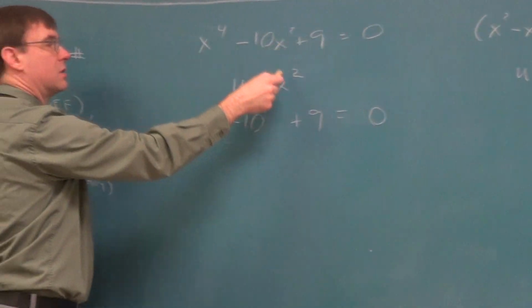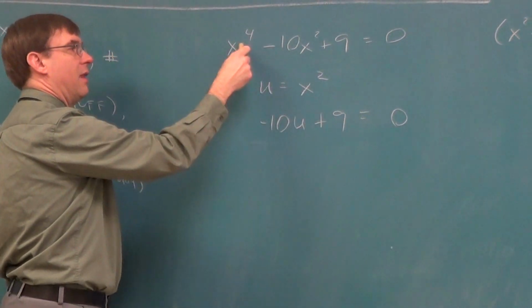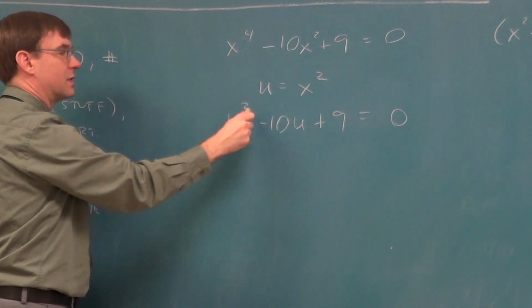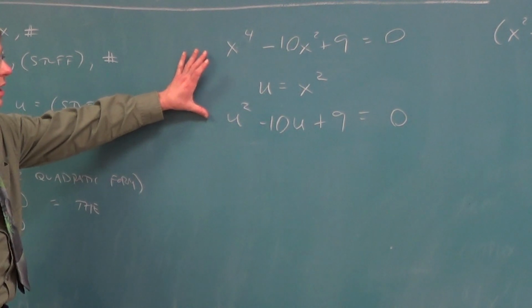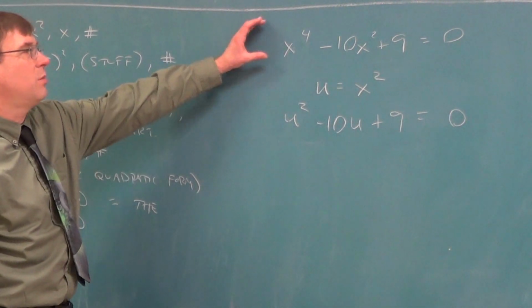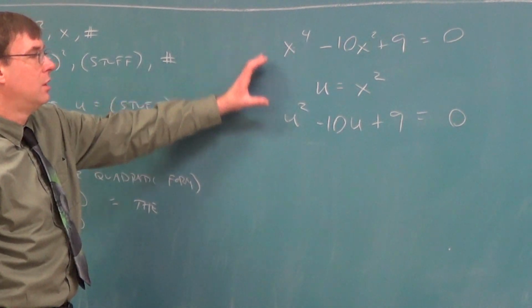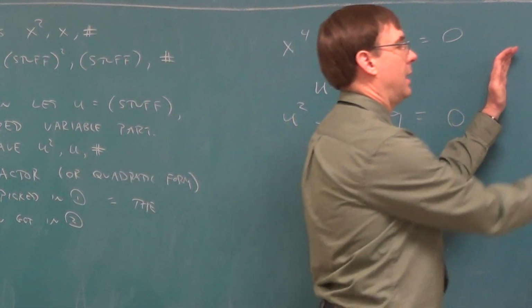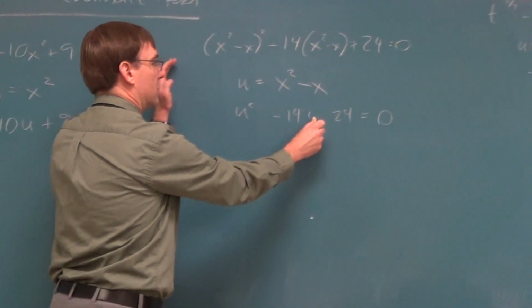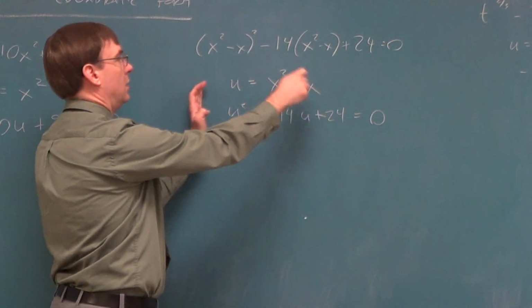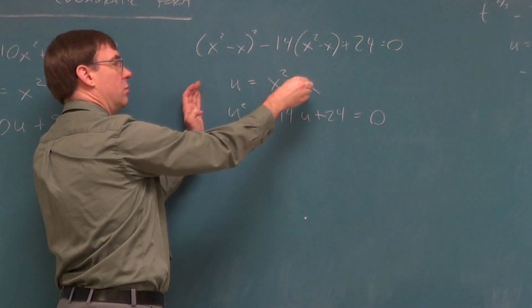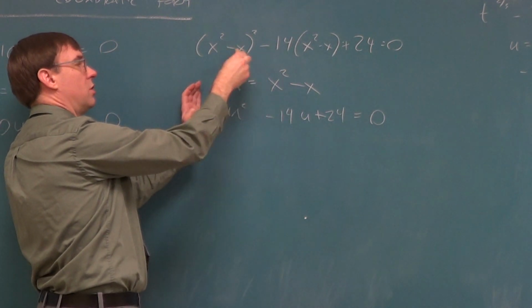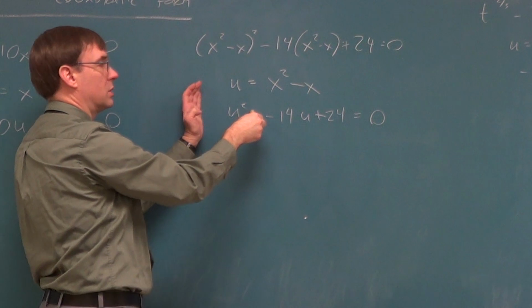We called this U. And this is the square of what we called U. So it's the same exact problem with the same exact coefficients, just instead of the variables that made us a little less comfortable, we got U squareds, U's, and numbers. This, likewise, is going to have U squareds, U's, and numbers. This we called U, so I just changed its title. This is the same stuff that I called U, it's just squared, so I switched it.